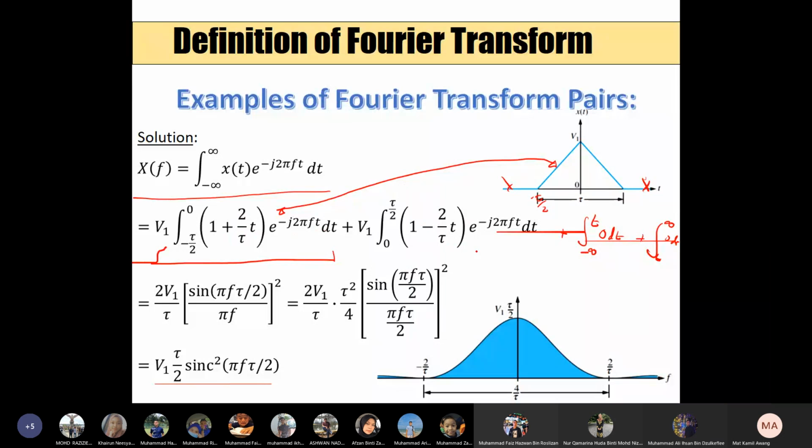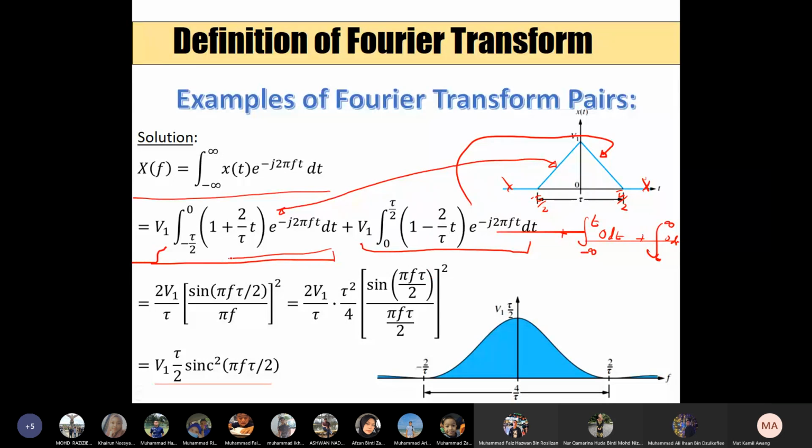And this part is the integration for the other side, from 0 to tau over 2.